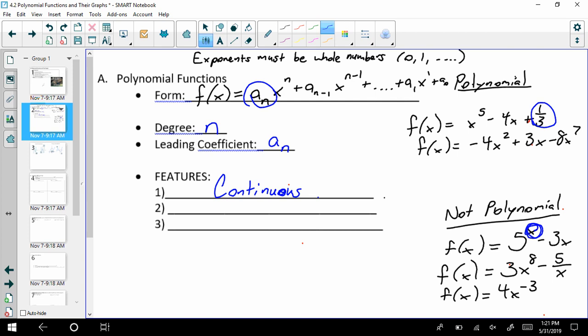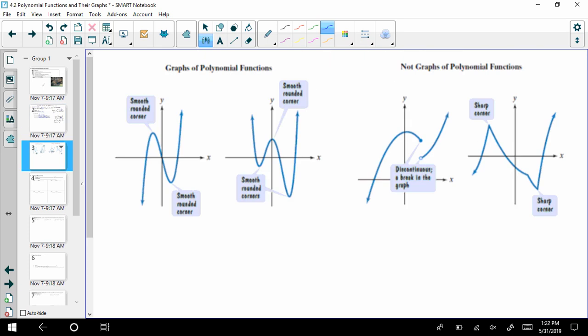Another characteristic, polynomial graphs will have smooth, rounded turns. So I don't want to see any sharp corners or edges. And finally, although I already wrote this up here, exponents are whole numbers. So you should have a picture in your notes of graphs that are polynomials and not polynomials.